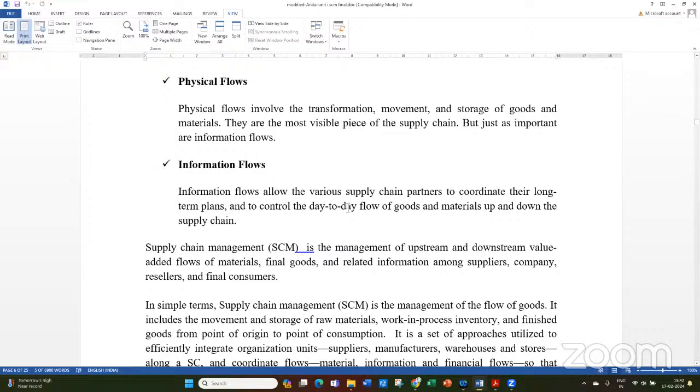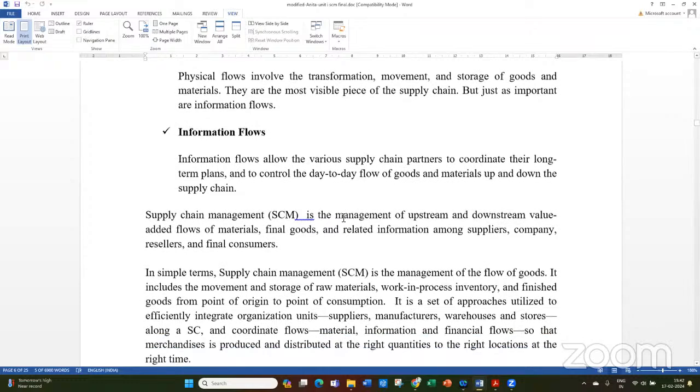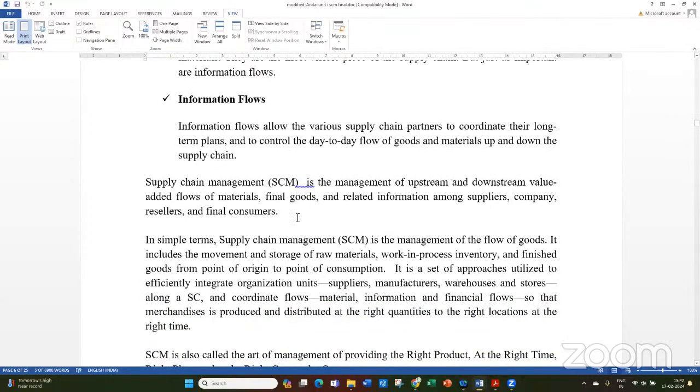The previous stage will be coming to the next stage. So that's why supply chain management is also defined as the management of upstream, that is suppliers, and downstream value added flow of material, and simultaneous and direct information among suppliers and customers. This is the final definition that we can understand.